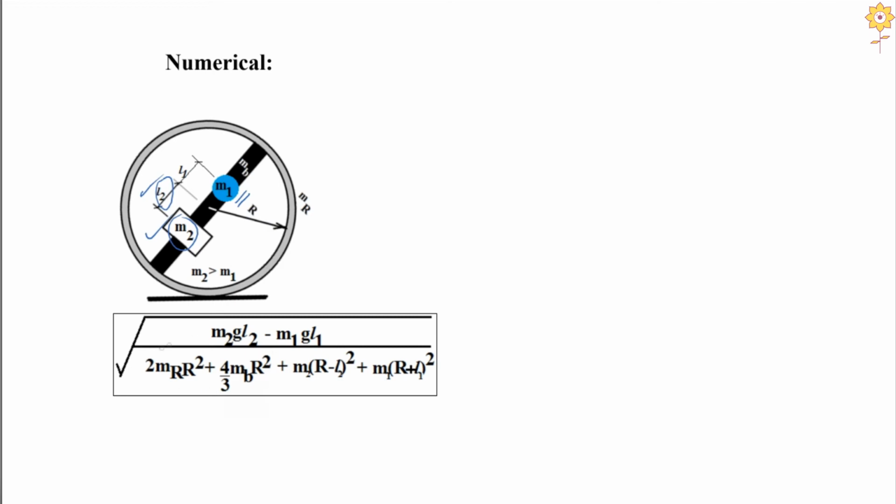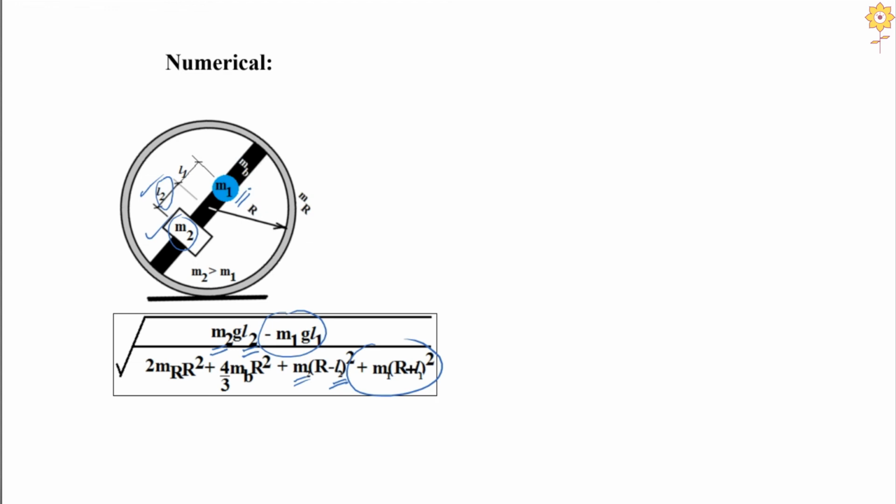Referring to the earlier formula, we have replaced small l by l2, and small m by m2, and these are the additional contributions from this particular mass, that is m1.